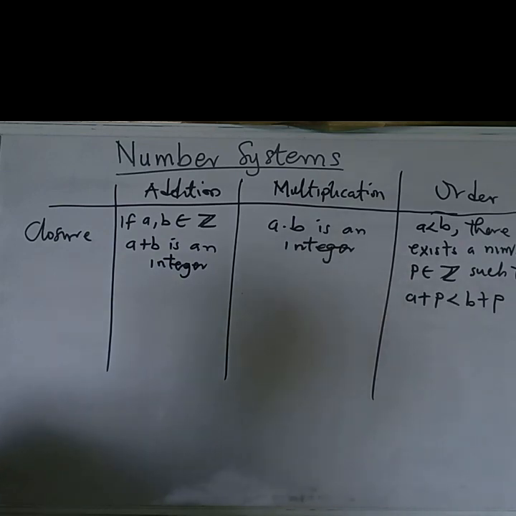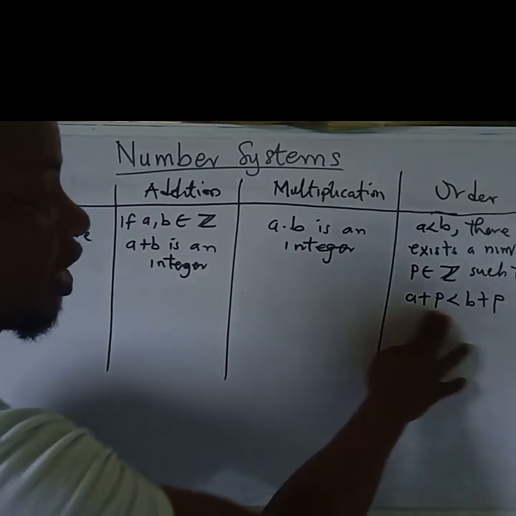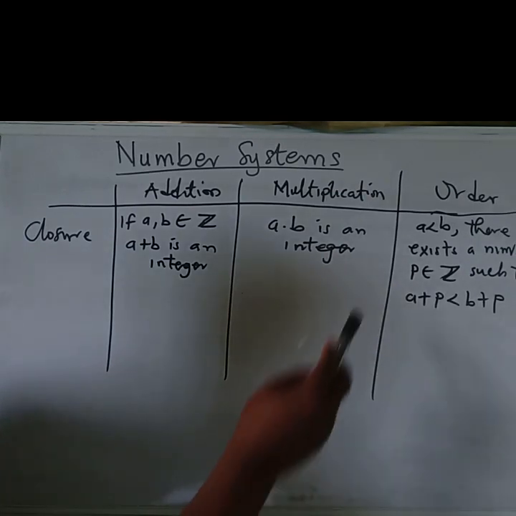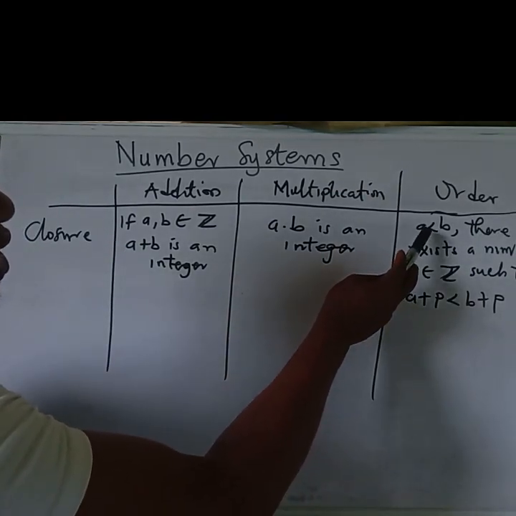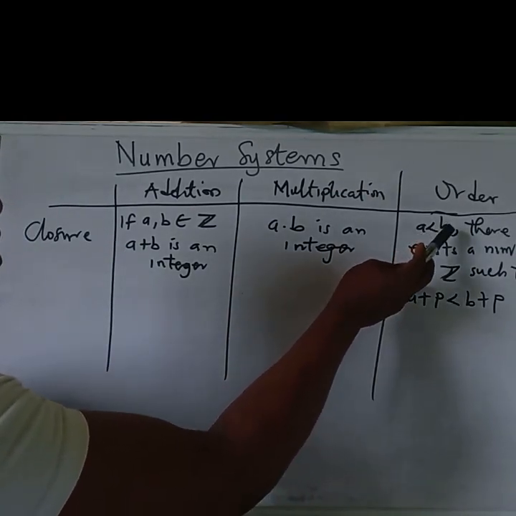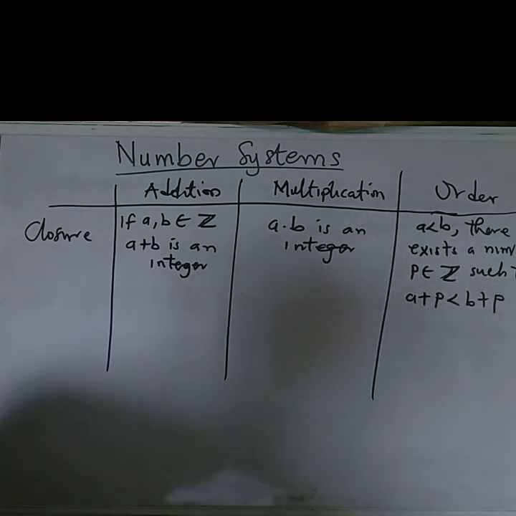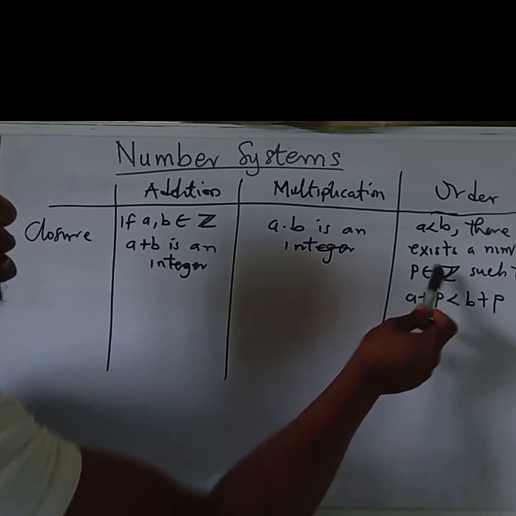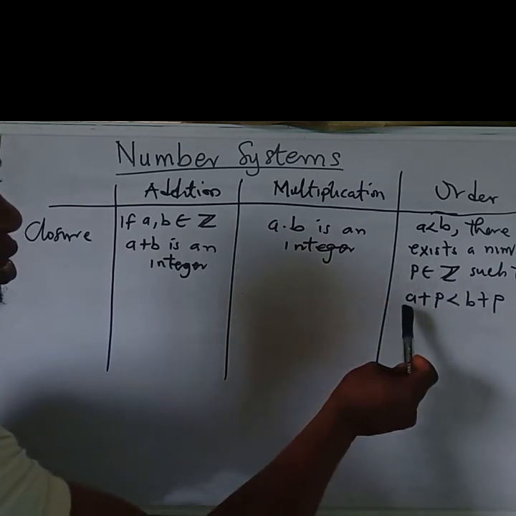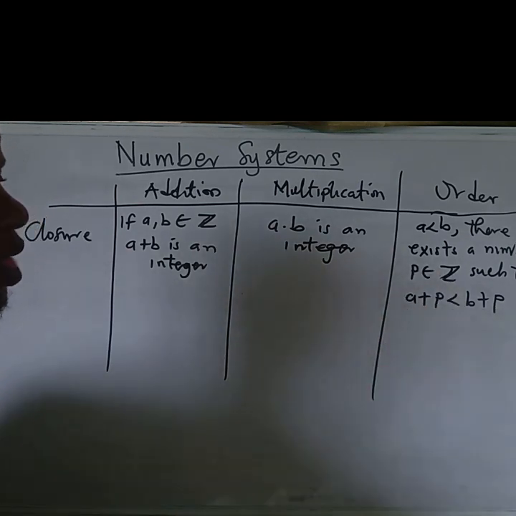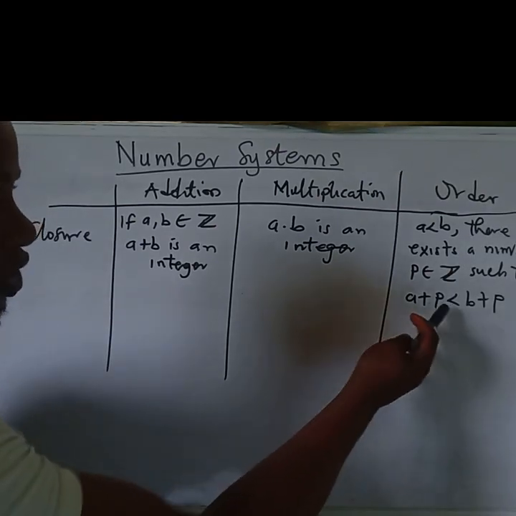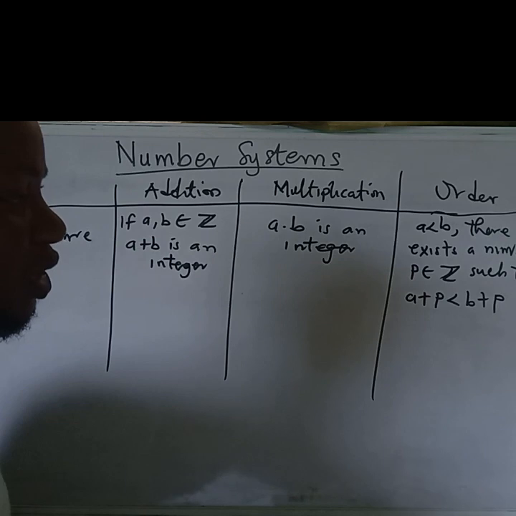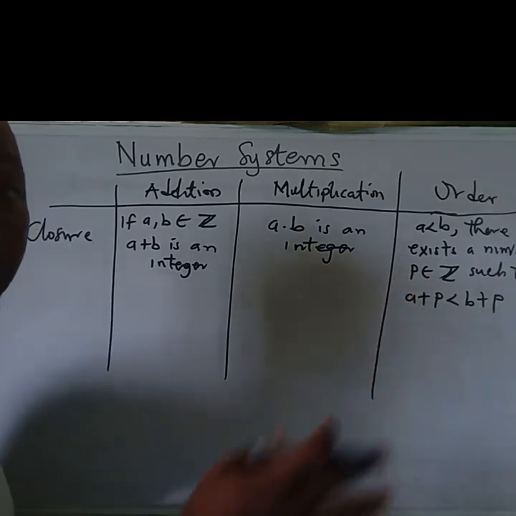So that is valid under addition. What we are saying is that if you have two numbers such that one of them is less than the other, and we pick any number p in this set of integers, this holds. This is for the addition case. As for multiplication, such a p cannot be any p in Z.